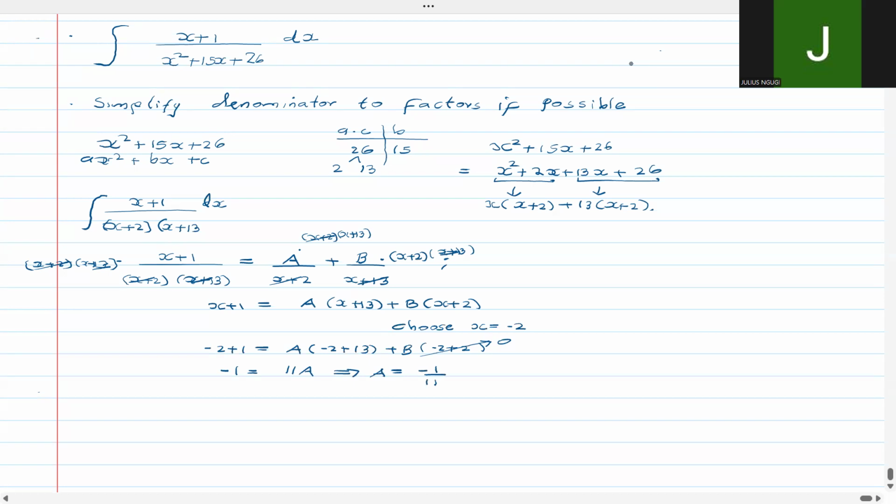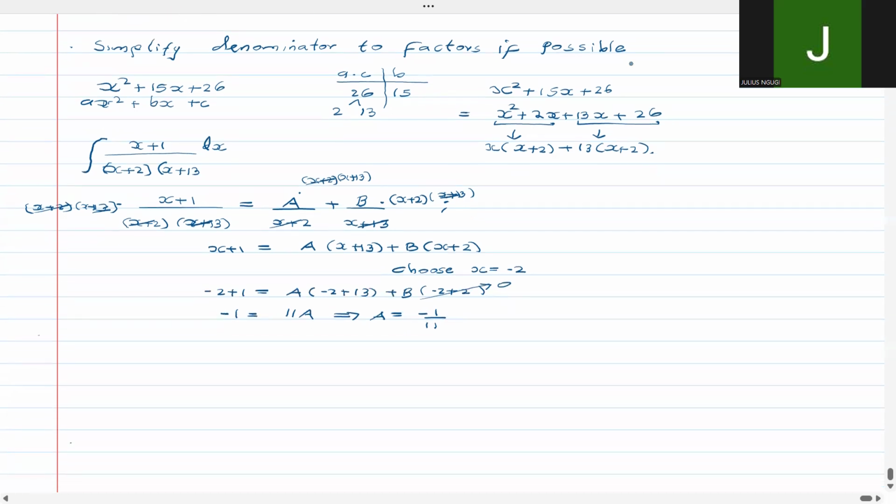Let's solve for B. If we choose x equal to minus 13, we have minus 13 plus 1 equals A times minus 13 plus 13, plus B times minus 13 plus 2.